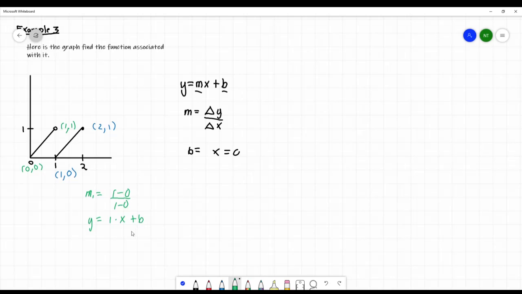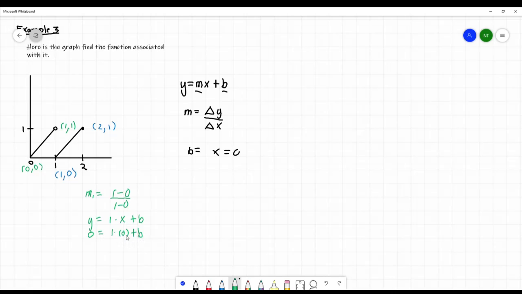Now we have to solve for b. To solve for b, we can just plug in one of the points from the line. Let's plug in the point 0, 0. So 0 is equal to 1 times 0 plus b.